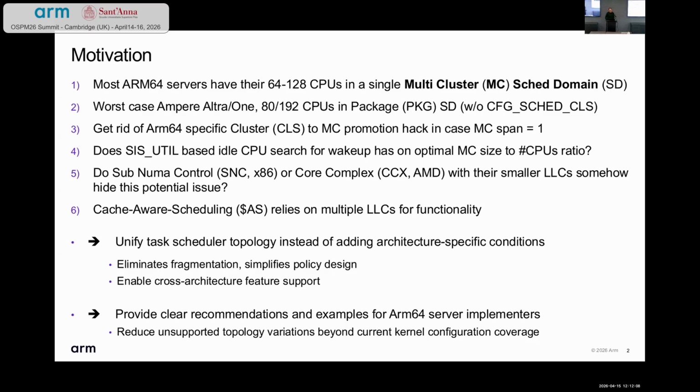Most Arm64 servers today have 64 to 128 CPUs in a single multi-cluster sched domain, and that could be a potential problem, because do they actually share cache? All of them share what we call the distributed cache on the mesh network, and we don't have anything else, like a smaller structure in terms of classification. So we have no other chance to map.